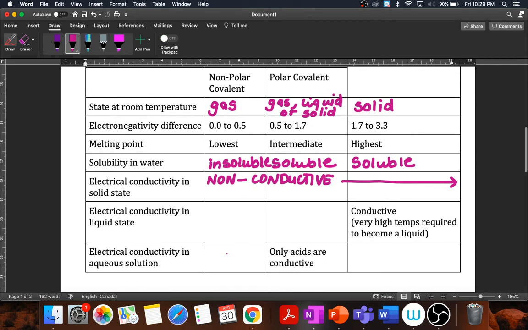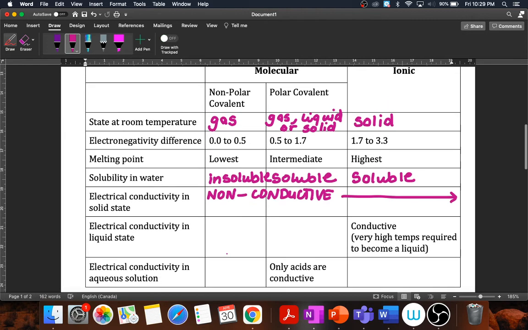Now, electrical conductivity in the liquid state, both polar covalent and nonpolar covalent compounds are non-conductive. Ionic compounds, if you're able to get them into the liquid state, which requires a very high temperature because of the very high melting point, do conduct electricity.